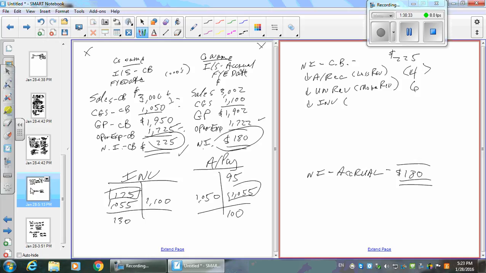So for cash basis, I used up inventory, right? So accrual basis would be what? More expense. This is writing down what accrual basis is. More expense for accrual basis, less for cash basis.